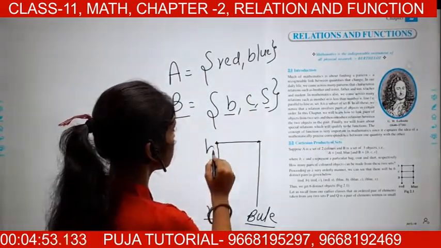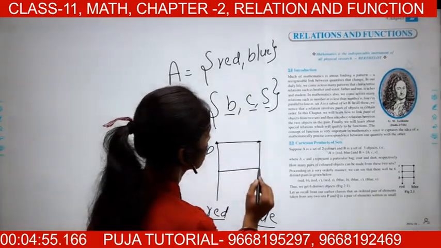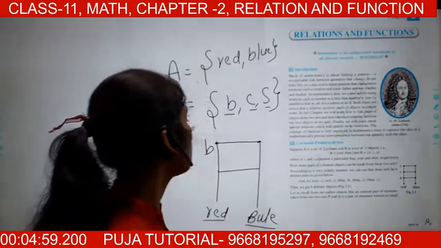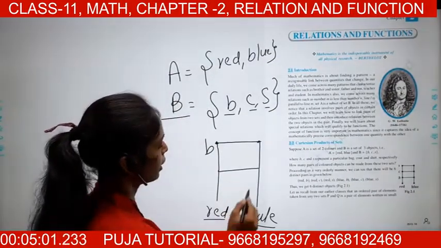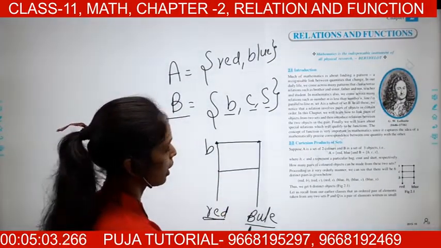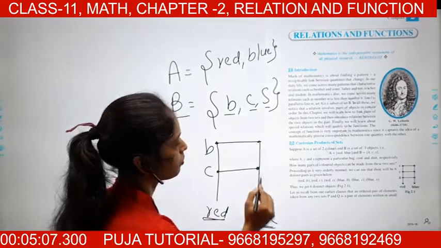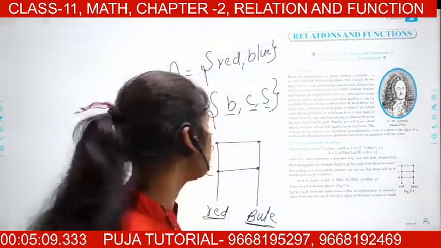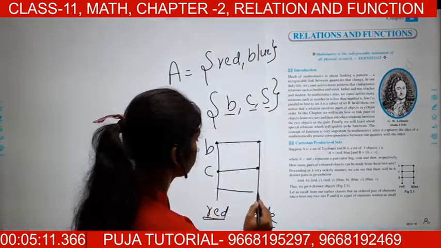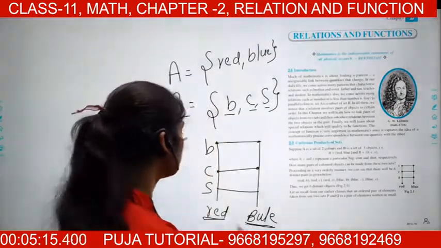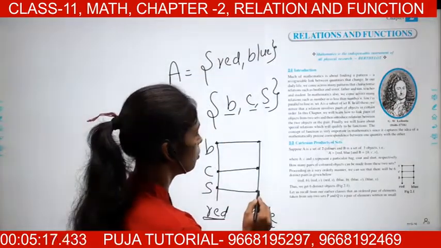Second one is coat. The coat may be red or it may be blue. And the third one is shirt. The shirt may be red or it may be blue.